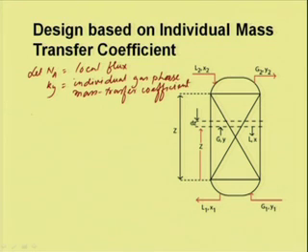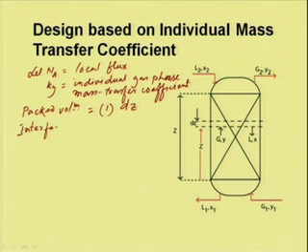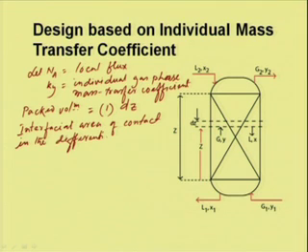Then the packed volume will be 1 into dz, and the interfacial area of contact in the differential section should be equal to a into 1 into dz.